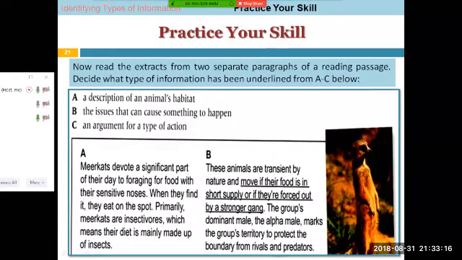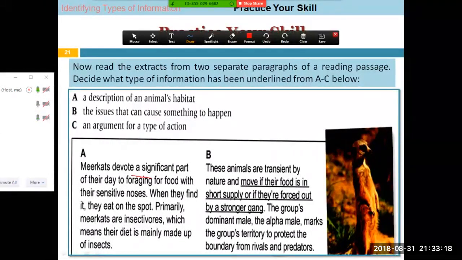Even if you don't know the meaning of foraging, you can make a guess from the text which follows it. They spend most of their time of the day foraging for food with their sensitive nose. Now look at this diagram. This is the animal meerkat that we are talking about. Their noses are like rats, rabbits, dogs.